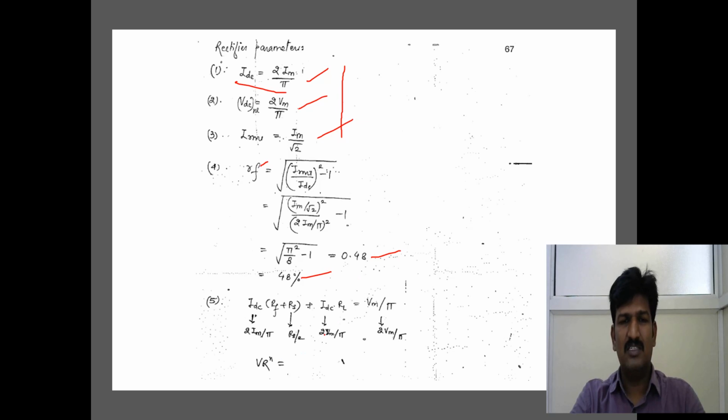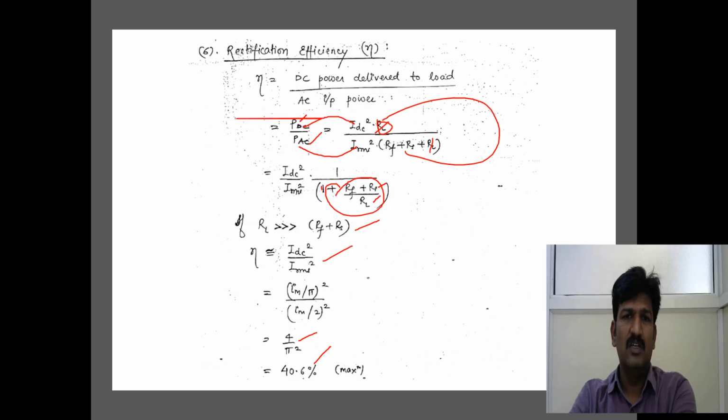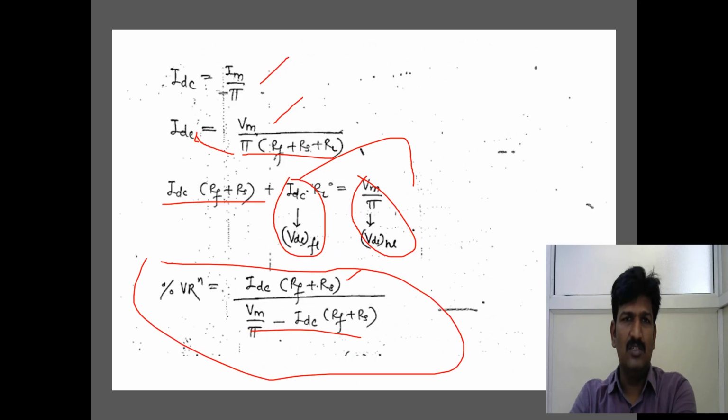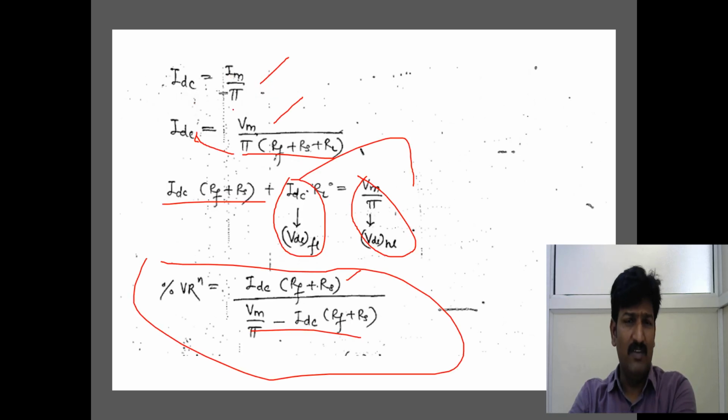And you can also understand the relation between these currents and voltages. We discussed all these things previously for the half wave rectifier, clearly. Here, IDC is equal to Im by pi, and now it becomes 2 Im by pi for the full wave rectifier.